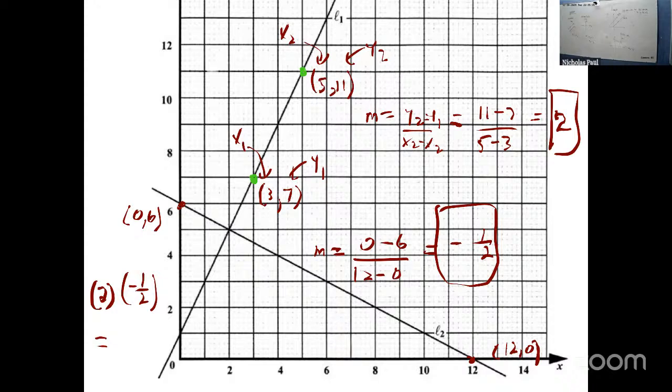Minus 1. So what's the rule? When you multiply m1 and m2, you get negative 1. So when you multiply gradient 1 and gradient 2, you will get minus 1.